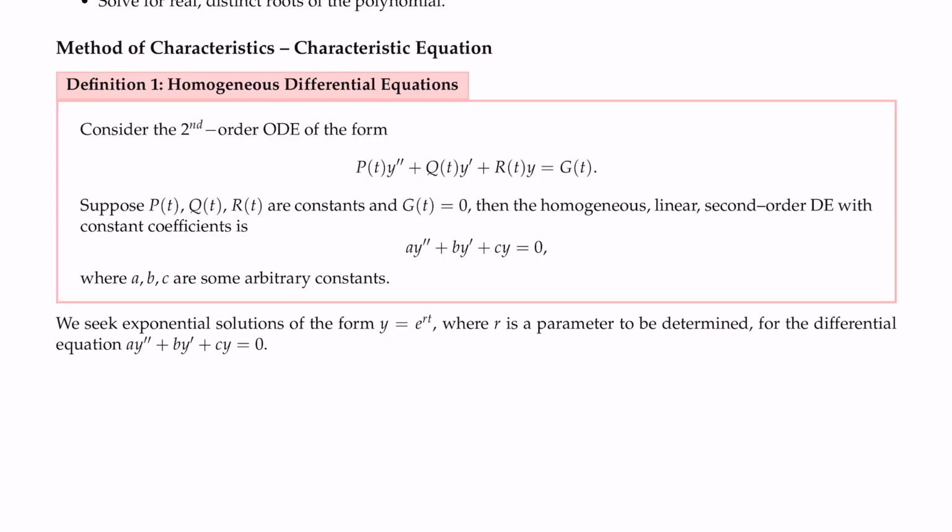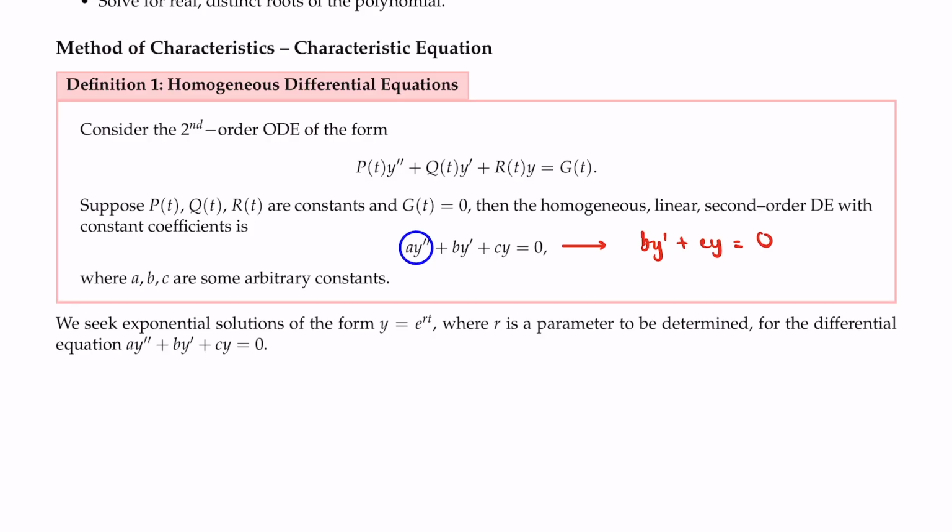It actually comes from the idea of first order differential equations. If you don't have the second order term, let's assume that you don't have this term, then it comes down to just a first order differential equation, that is, b y prime plus c y equal to 0. This is a first order differential equation, linear, homogeneous with constant coefficients.